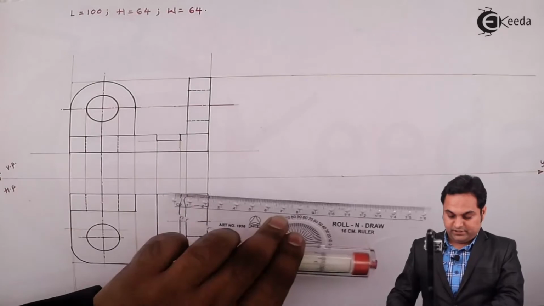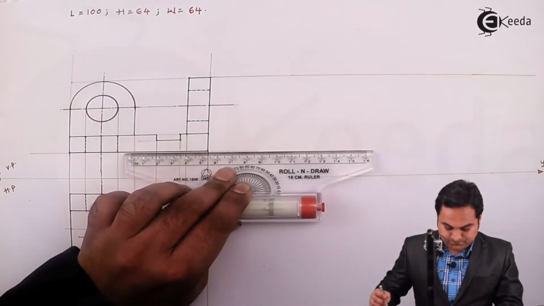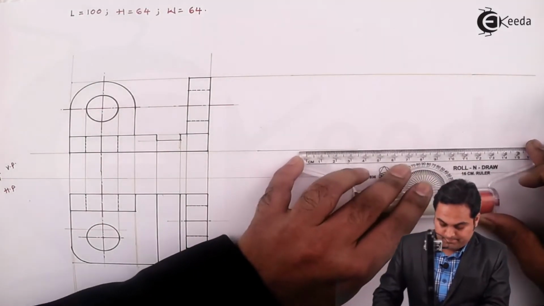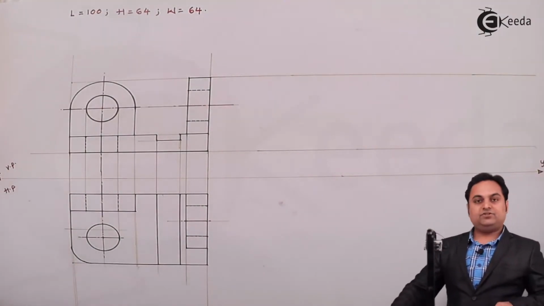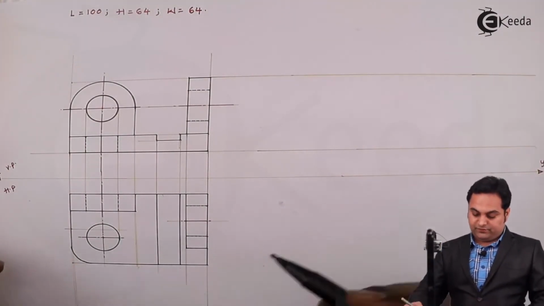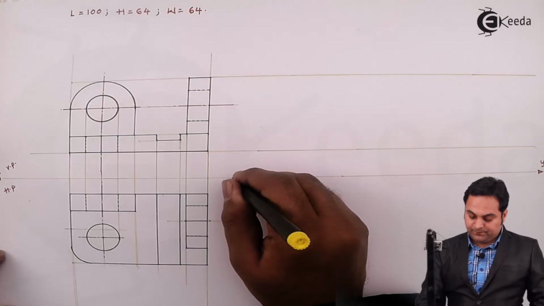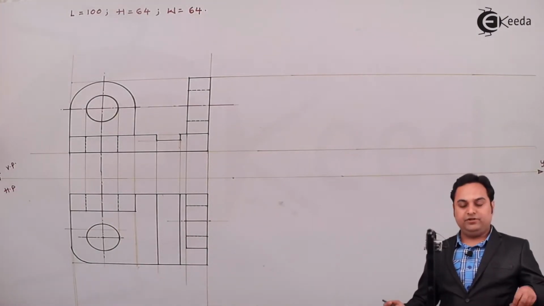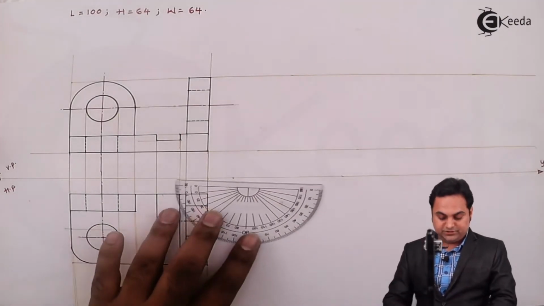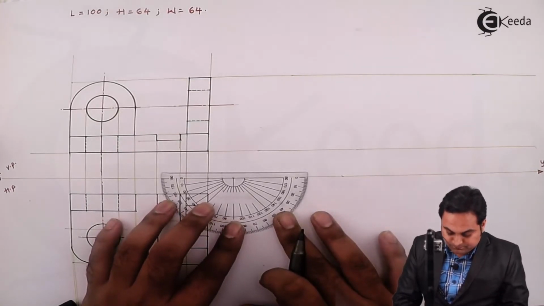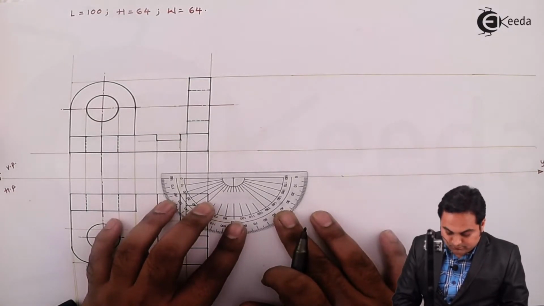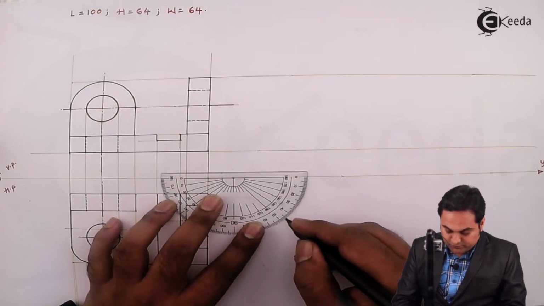So here I am getting the height. Next, width can be projected from the top view. For that I am taking a point and measuring a 45-degree angle to project it into the side view. So taking the 45-degree angle.